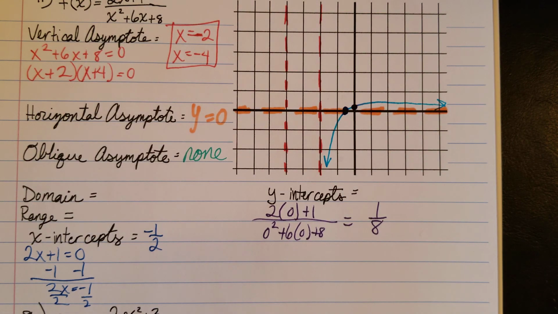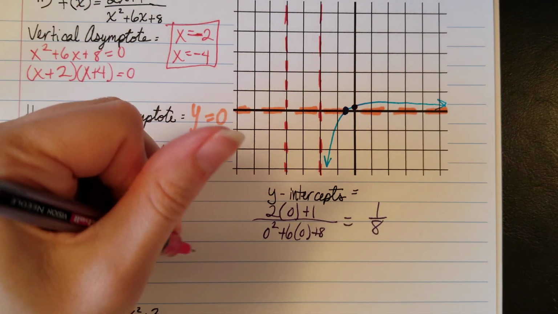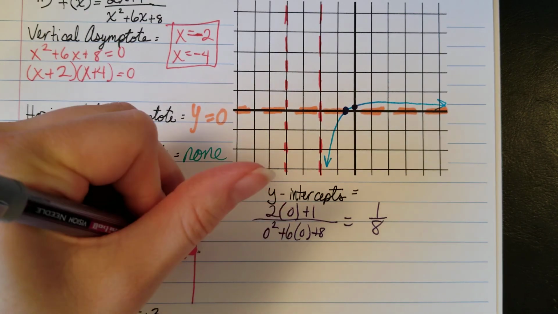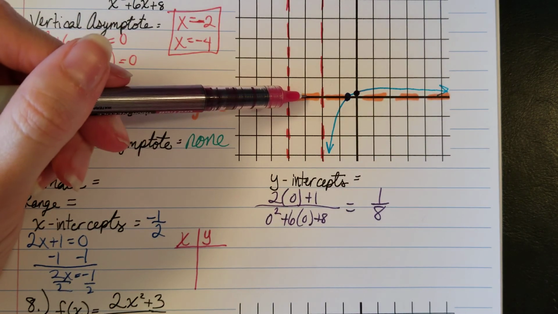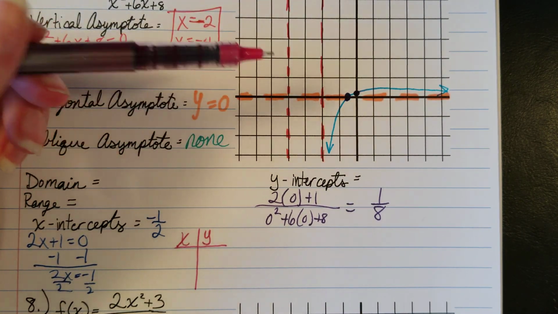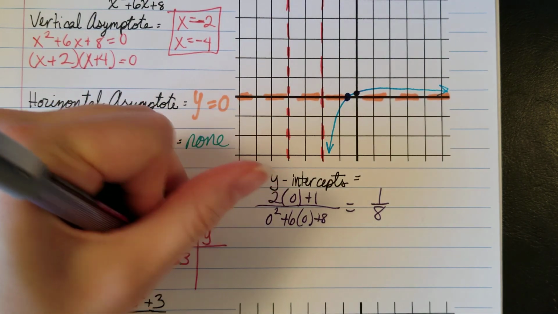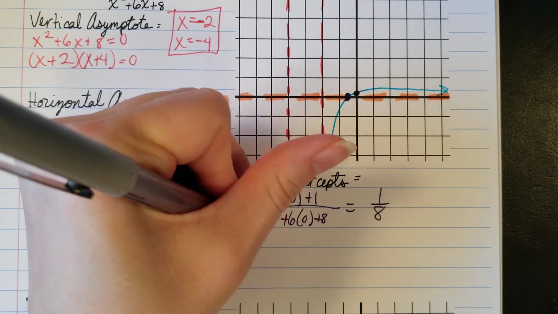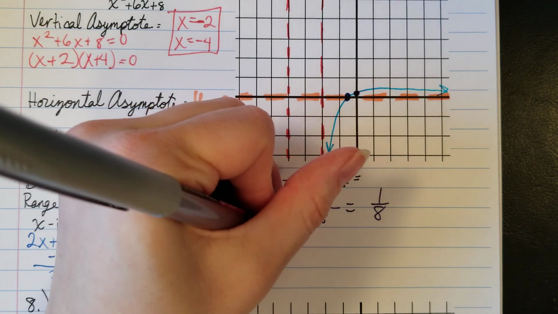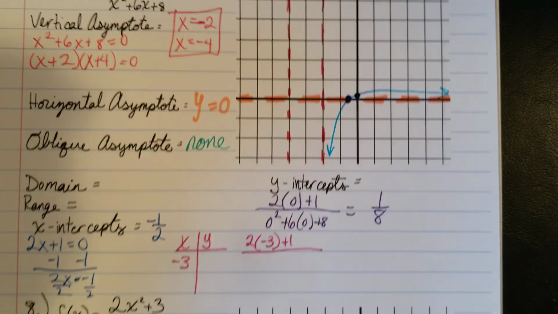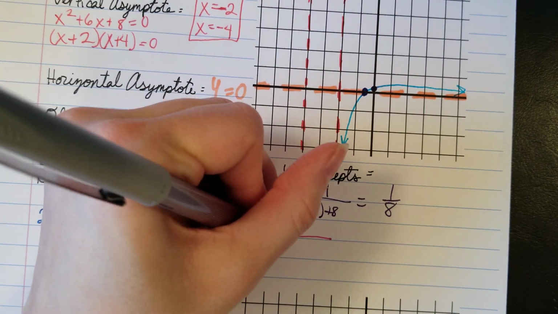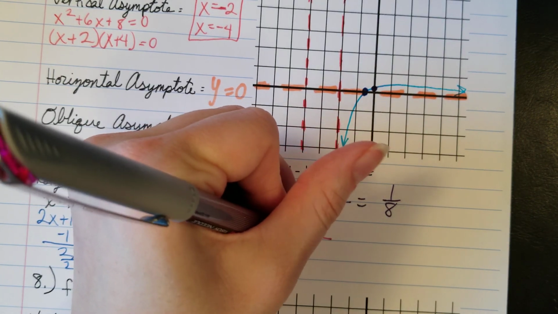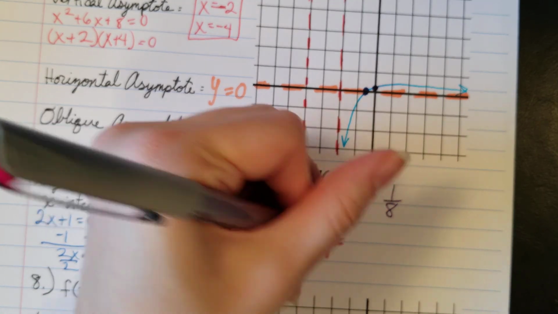So we could use an XY table. All right, so we need to use an x value from each section. So for the middle section, the best thing to do would be -3. So you have to plug -3 in for x in the function. So 2 times -3 plus 1 over -3 squared plus 6 times -3 plus 8.